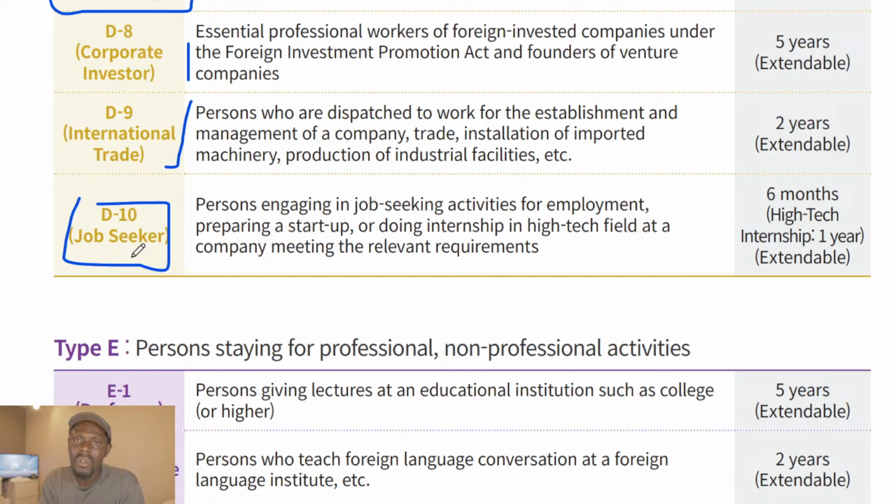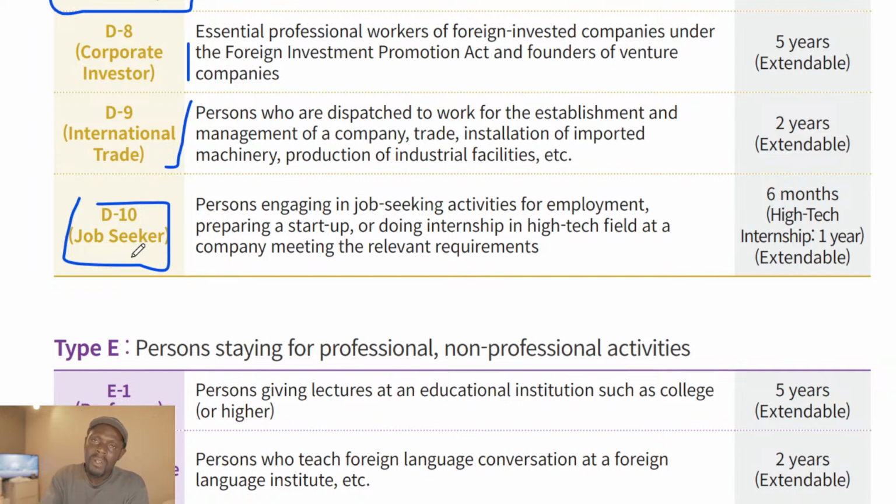After 6 months, if you're not able to obtain a job, you have to make copies of the applications that you've submitted to companies, go to the immigration, and show it as proof that you've been looking for a job. If you don't provide proof, they might not give you another 6 months.